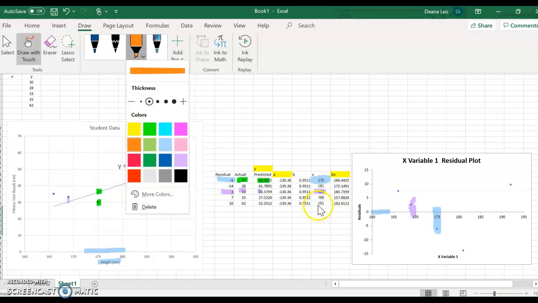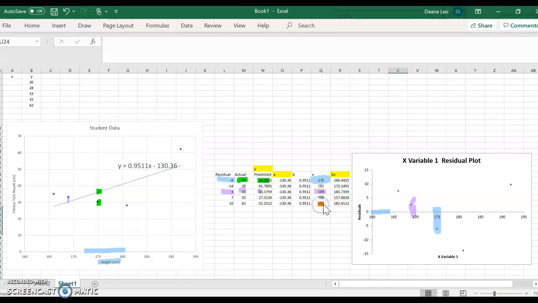Let's look for someone who is 192 centimeters. Clearly that's this person over here. What the residual plot tells us is that they jumped 10 centimeters higher than predicted for someone of their height.